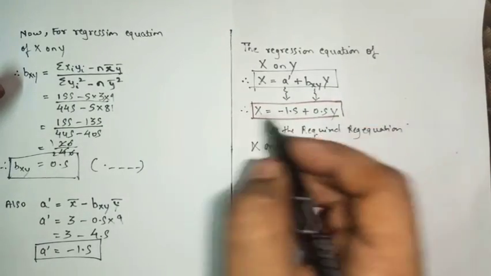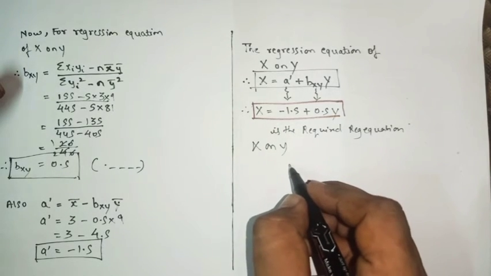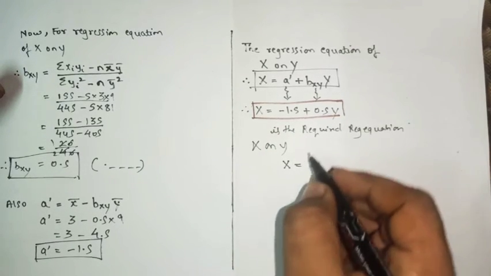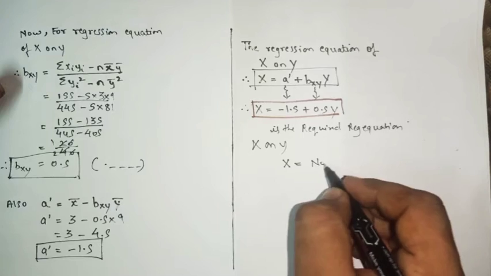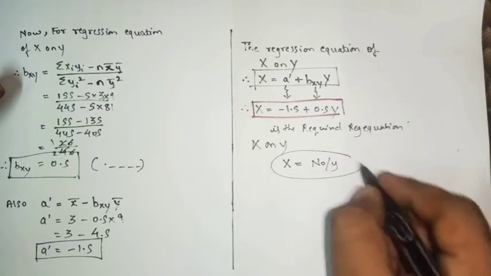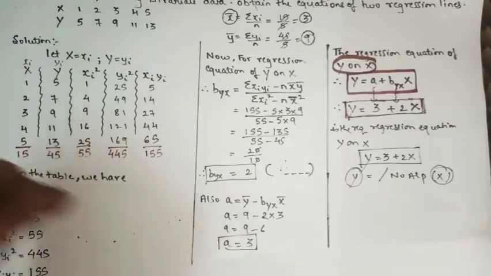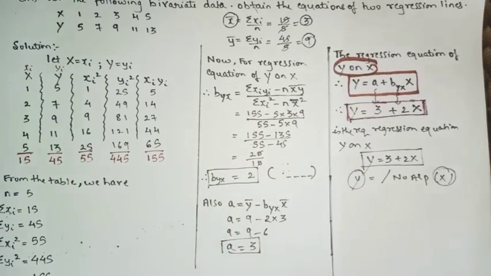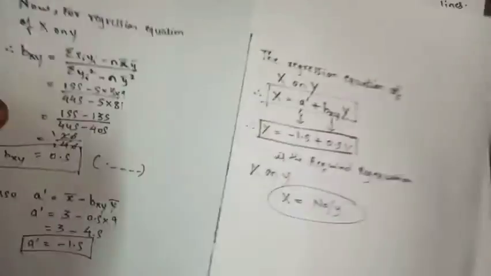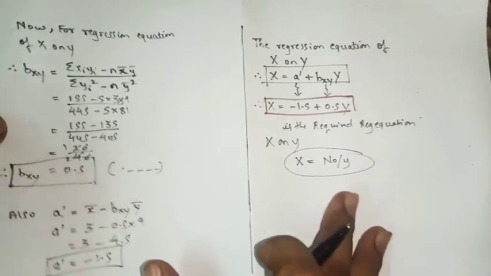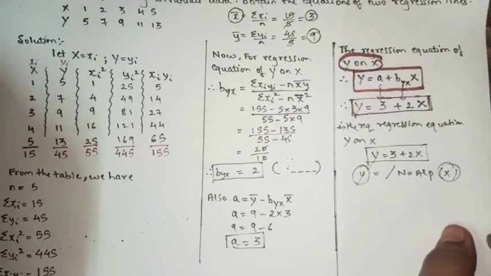Why is it x on y? Clearly we can see that on the left hand side x is there, and on the right hand side number and y is there. So that's why it is x on y. So in this way you will find your answer for y on x and x on y. So one more time I will explain simply what you have to do.